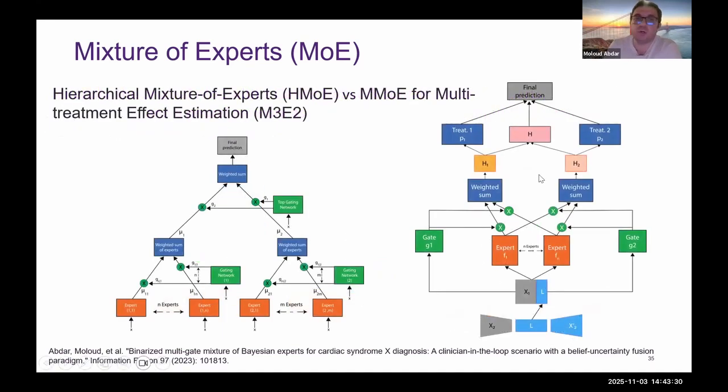There are two more, one of which is called hierarchical mixture of experts, HMOE, and another one is multi-treatment efficient estimation. They call it M3E2. These two mixtures of experts are a kind of multi-stage prediction. As you can see, for example, here they have gates not in just one level but in two levels, which makes for a better prediction.